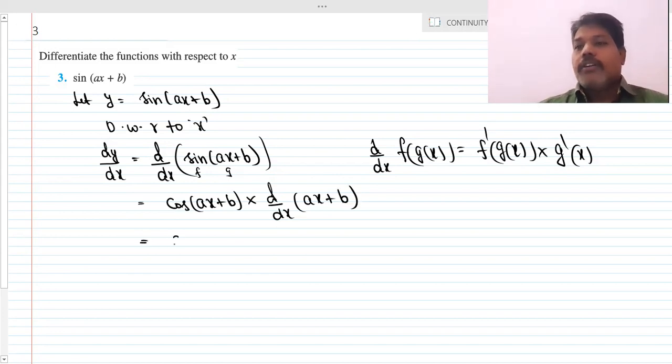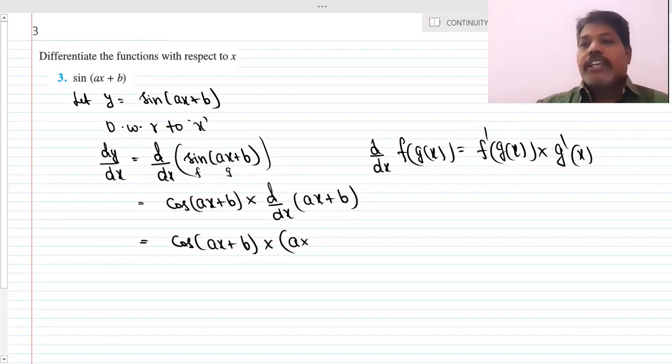What is that? a into the derivative of x, which is 1, plus b is a constant, so its derivative will become 0.